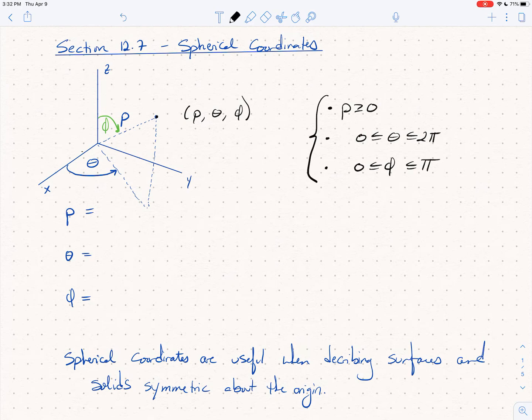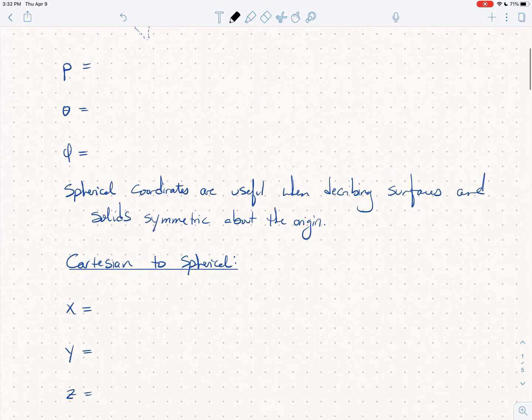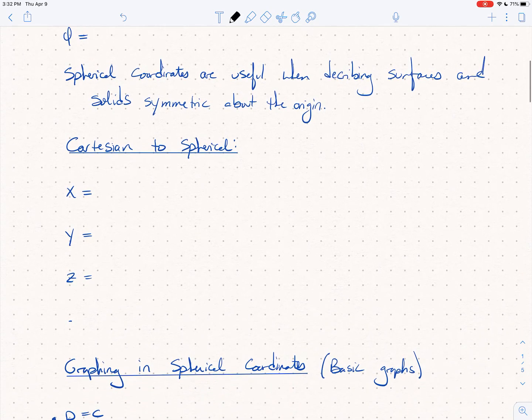Another thing you might want to know is how do you convert from Cartesian to spherical? Well, let's write it down. So here we go. X is rho sine phi cosine theta.